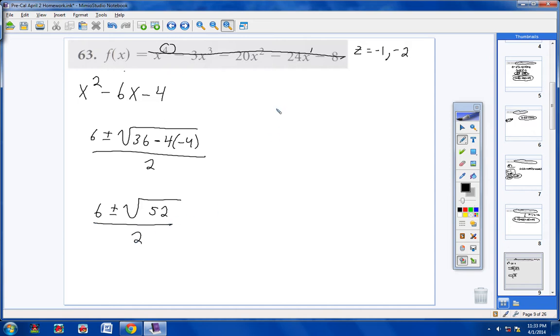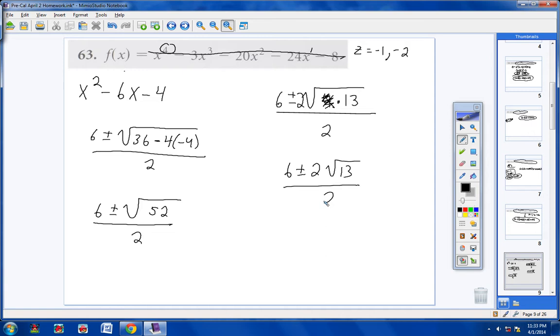Now 52 can be broken down into 6 plus or minus. One of your perfect squares, 4, goes into 52 13 times. So 4 times 13 is 52, all over 2. Now take the square root of 4, put a 2 right here on the outside, and we're left with 6 plus or minus 2 square root of 13 all over 2.